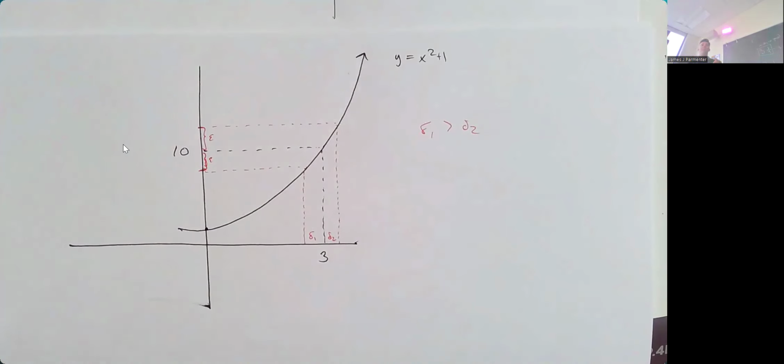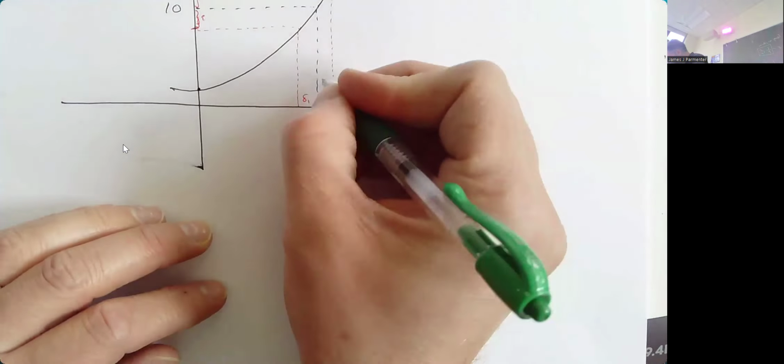So we want to pick delta so that if x is within delta on either side, we end up getting our y values within epsilon. Okay, so check this out. If I pick the smaller value, everything's good.